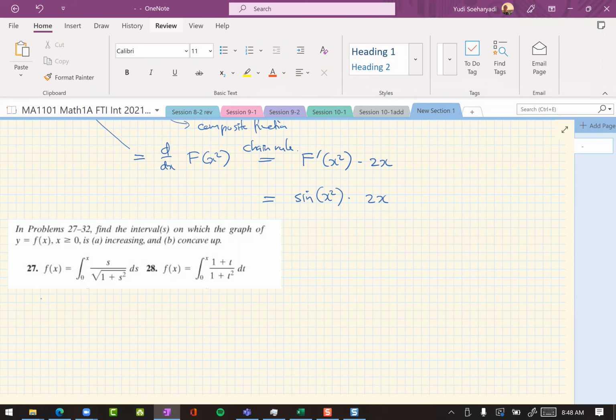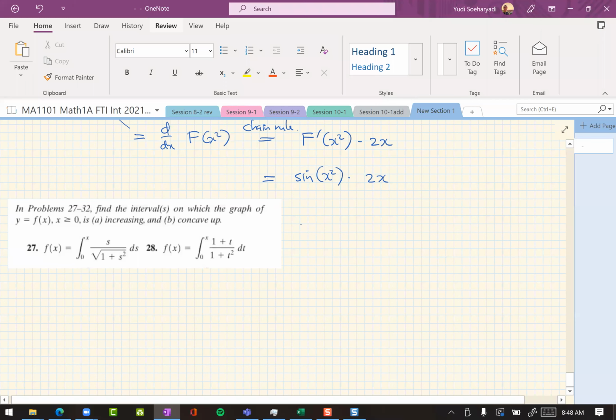Just the 28. 28a. What we need is to find where it is increasing. Okay, increasing. So what we need to compute is the derivative. Okay, let's compute that derivative.